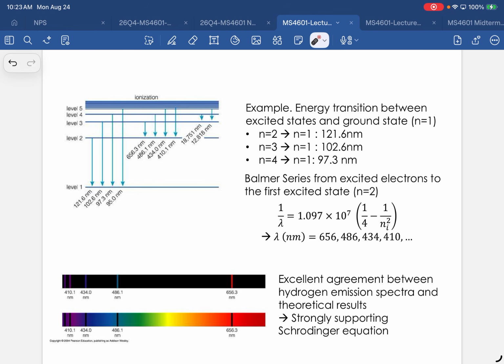Okay? So this is how you can identify the details of the energy transition for every element. This is why the spectrometer is a very powerful technique to identify chemical reactions and these energy transitions. Okay?